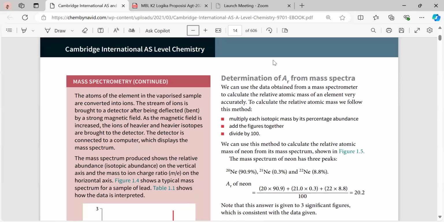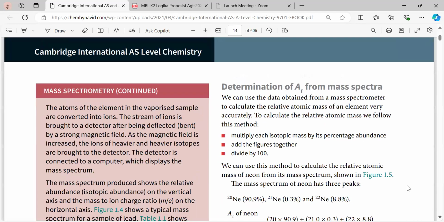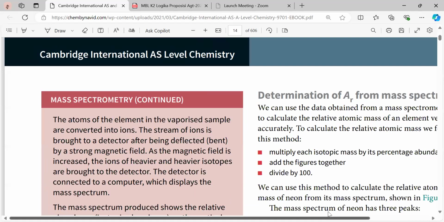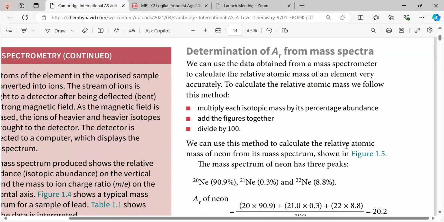Now we're going to the next part: the determination of Ar from mass spectra. We can use the data obtained from the mass spectrometer to calculate the relative atomic mass of an element very accurately.